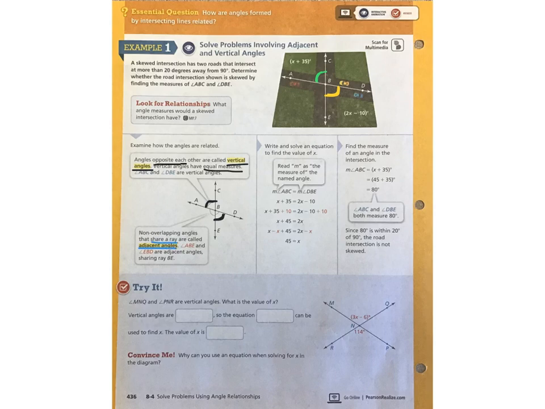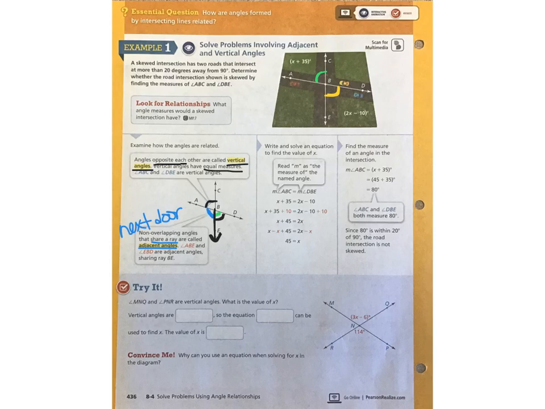So if they share a ray and they are next to each other, so next door neighbors, for example, they would be adjacent angles. So angle ABE, this angle right here, is adjacent to angle DBE right here because they share ray BE. That's this ray right here.